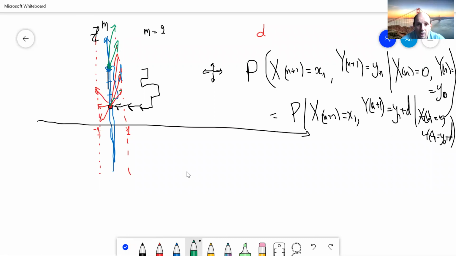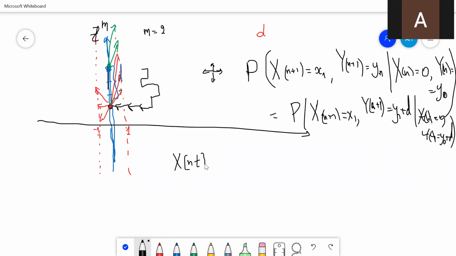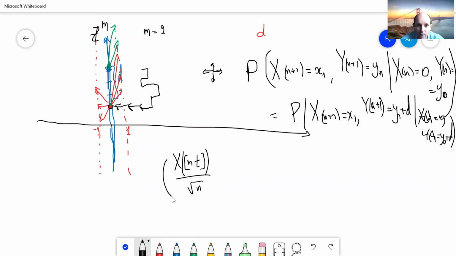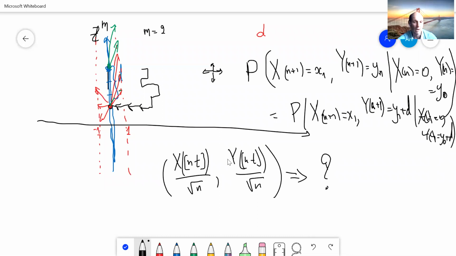And the main question is as follows. Let's consider Donsker's scaling. Let's consider this process. We scale time n times and space square root of n times. And the main question is to find a limit of this sequence.